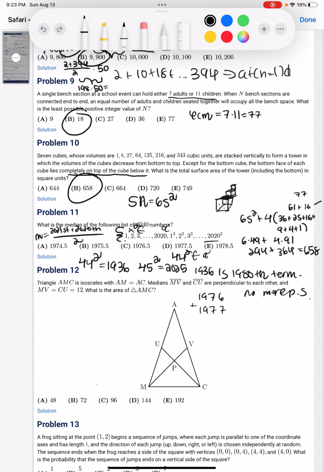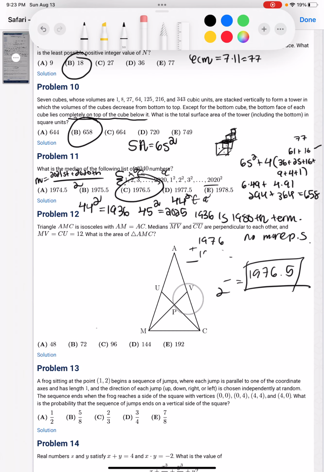Add these two and divide by 2 to get the average of them, 1976.5.